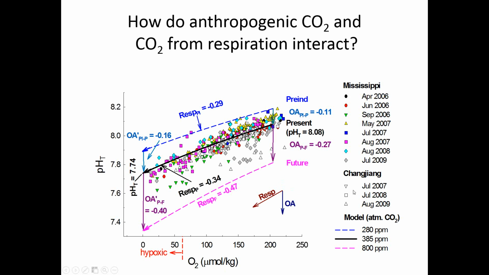Now this is what you see: at full oxygen without respiratory CO2, the ocean acidification value is 0.11. That is what we all know in the open ocean. Uptake of anthropogenic CO2 has brought the pH down from pre-industrial to today by about 0.1 unit.